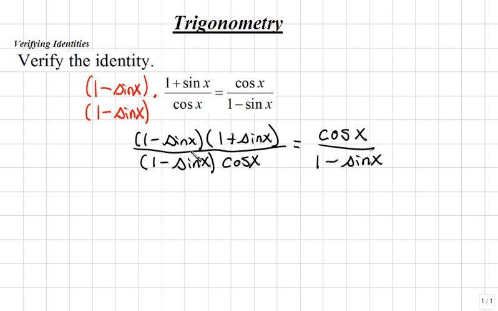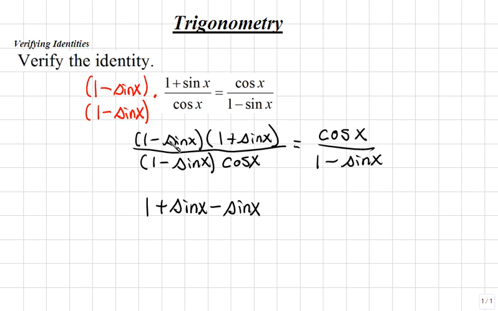Simplifying our left side, we see that the numerator has two expressions that we can multiply using FOIL. So expanding the numerator only. Using FOIL, our first term would be 1 times 1, which is 1. Our outer term will be 1 times sine of x, which is sine of x. Our inner term will be minus sine x times 1, which is minus sine of x.